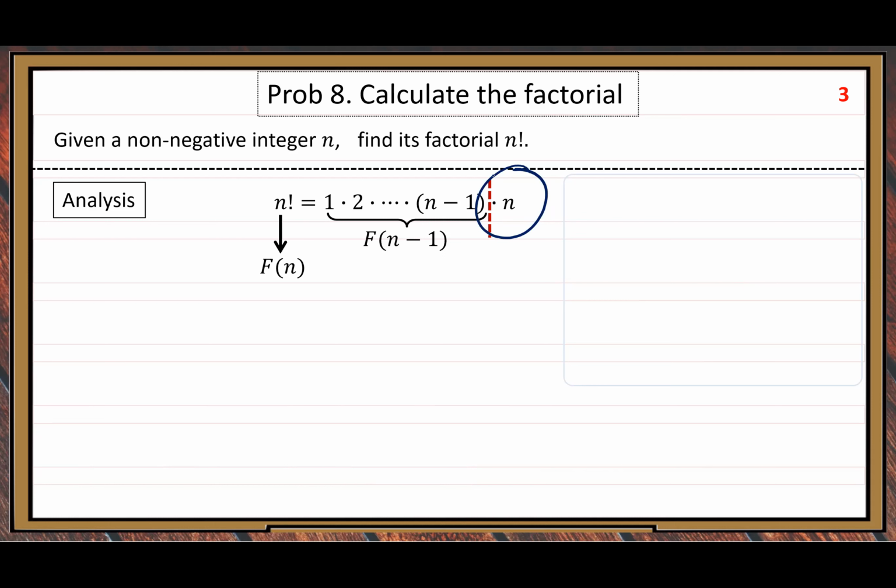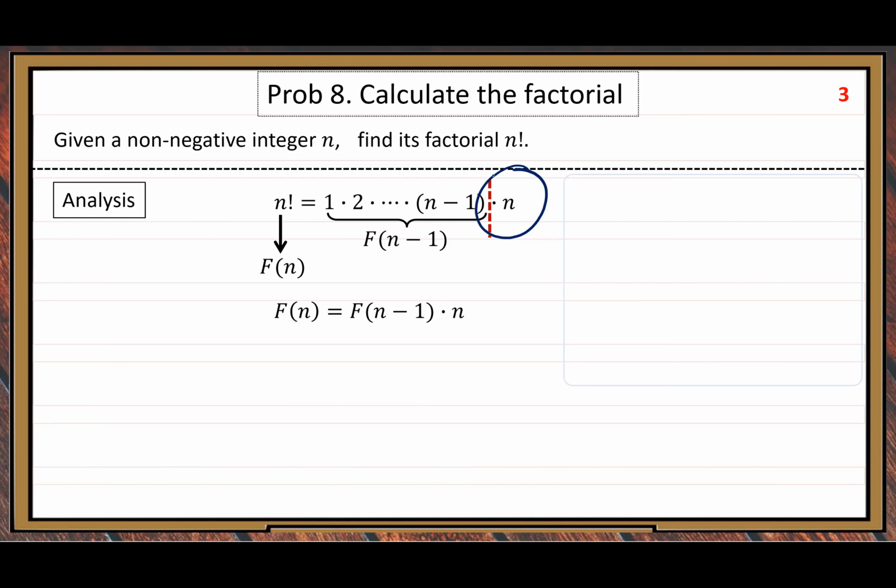We need to multiply by another operand n. After this multiplication, the gap is fixed. So we get a recurrence equation: f of n equals f of n minus 1 times n.